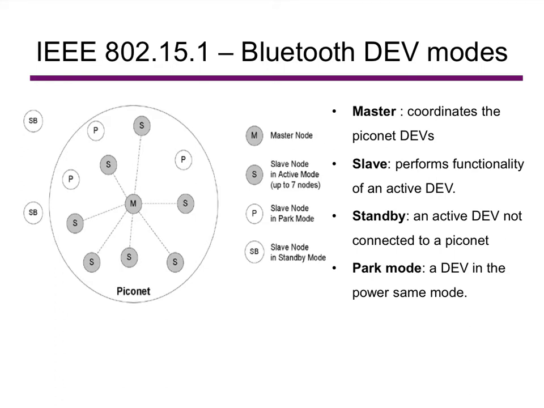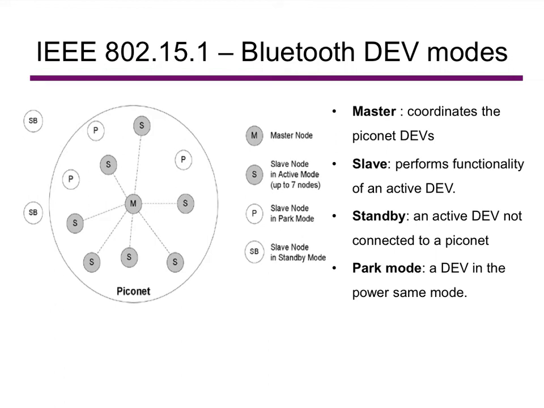When we say up to 7 slaves, we mean up to 7 active slaves, which means these slaves are communicating at the moment. These gray ones are active slaves, and you can have up to 7 only. With the master, it becomes 8.